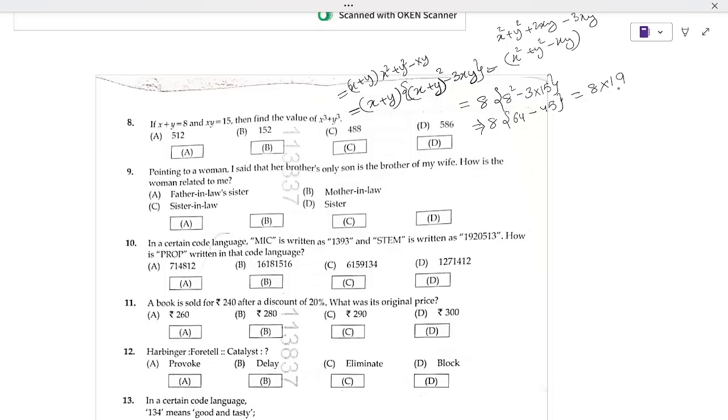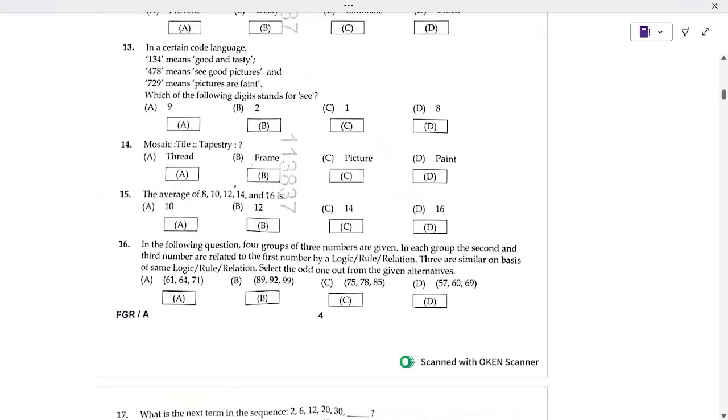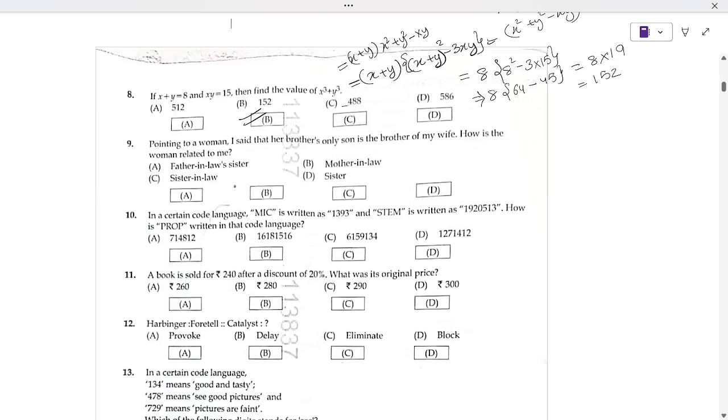So 8 times 19, just take 8 times 20, then subtract 8 once. 20 times is 160, minus 8 gives us 152. So B is the answer.